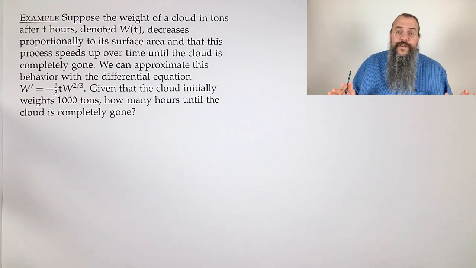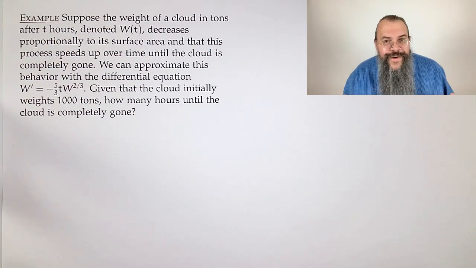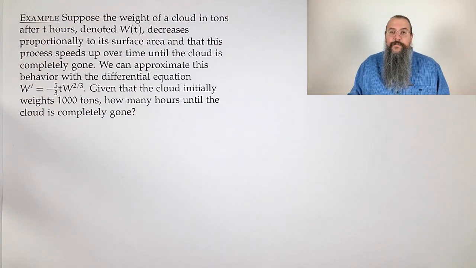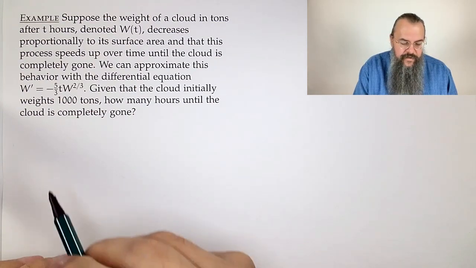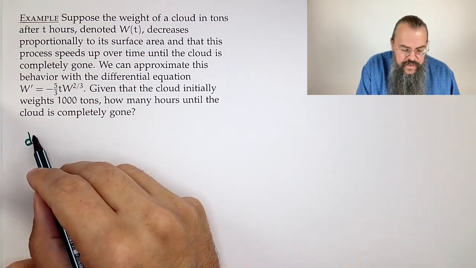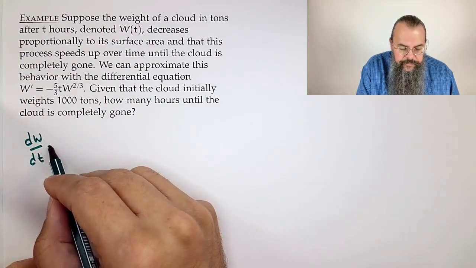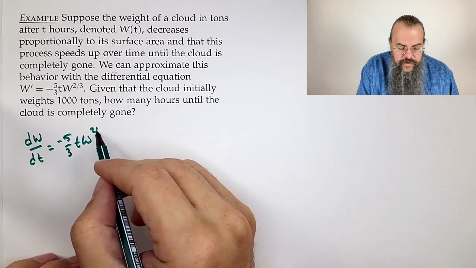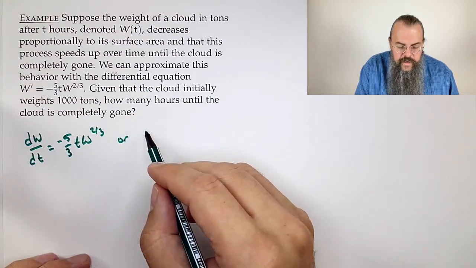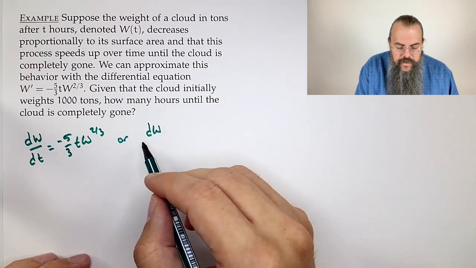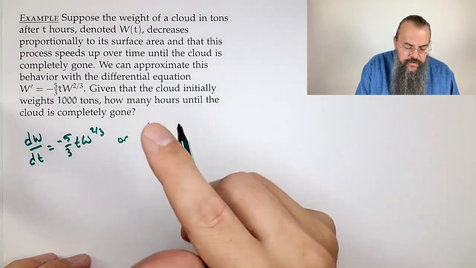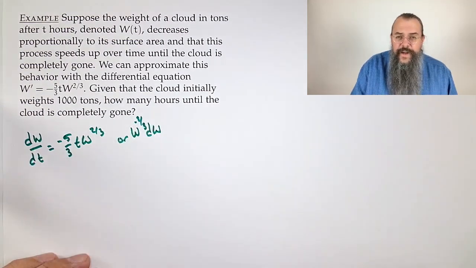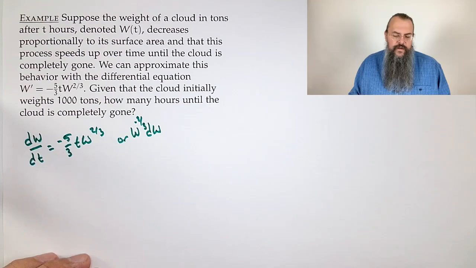So this is very similar to the previous problem. Not as fun to talk about out loud. So, since we've done the previous problem, let's do this one at a little bit more of a pace. We can say the change in W with respect to time is minus 5/3 t W to the 2/3, or we could say dW, and then when this comes over, we're dividing by W to the 2/3, so it's W to the minus 2/3.